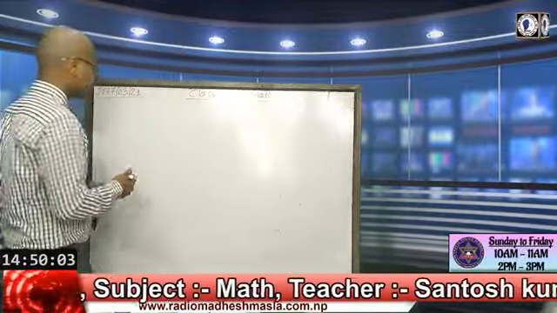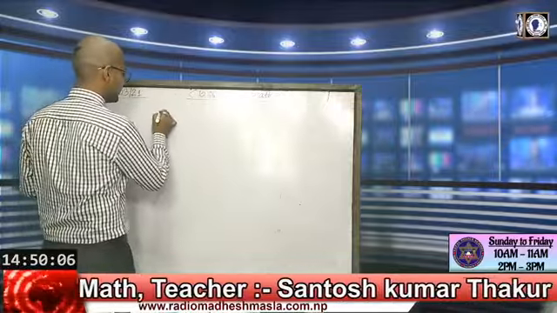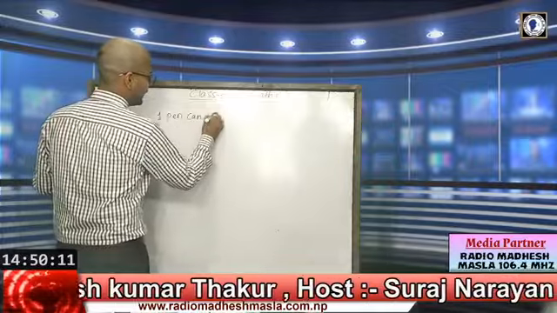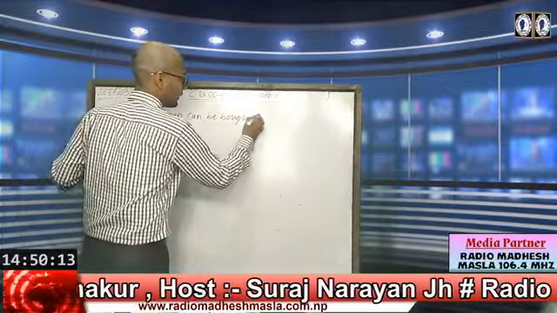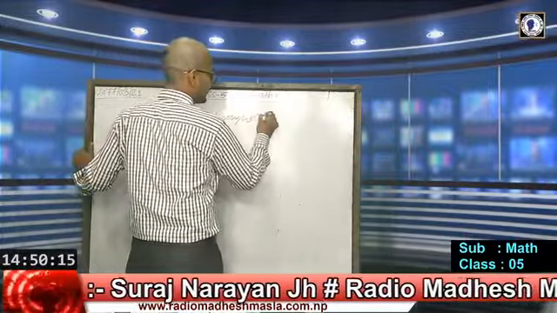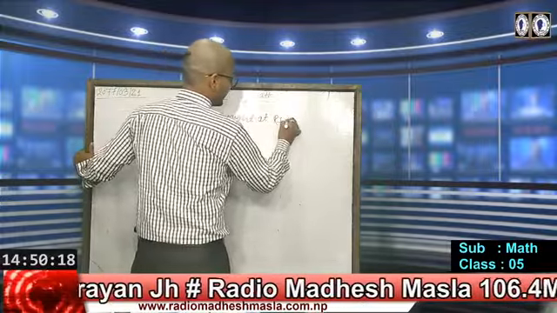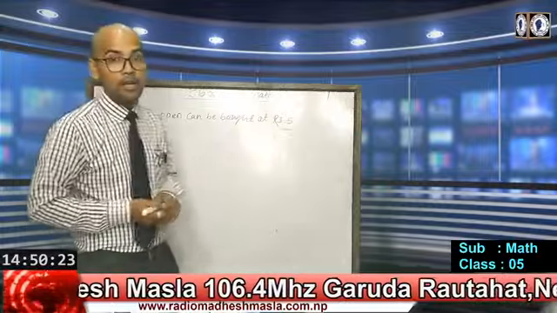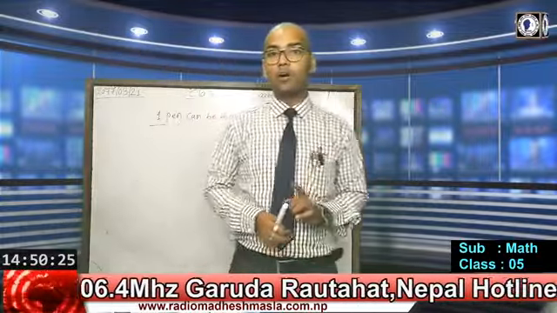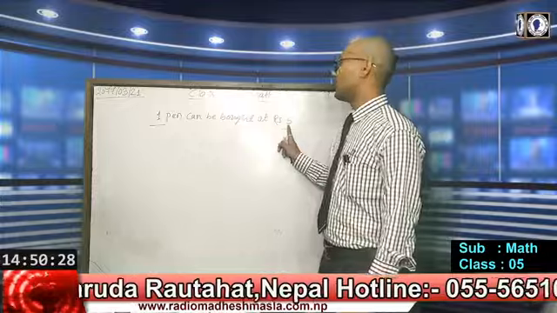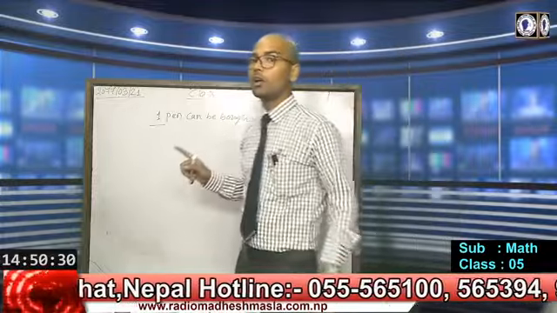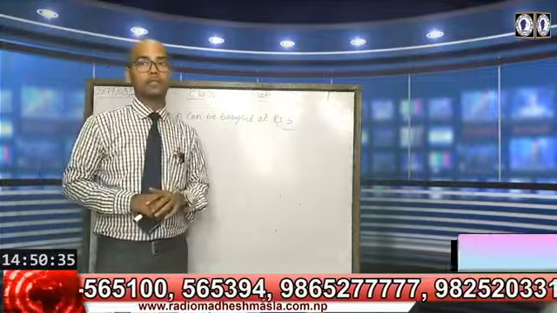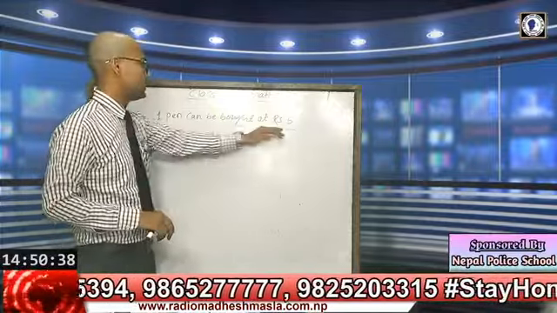Suppose one pen can be bought at Rs 5. Listen to me carefully here. If one pen can be bought at Rs 5, it means what? The cost of one pen is how much? Yes, 5 rupees.